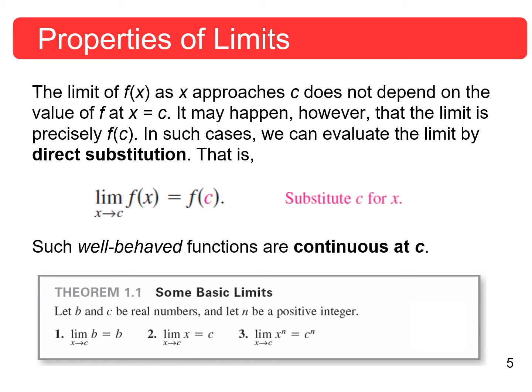And similarly, if you have x to the n, this is also continuous everywhere. So the limit of x to the n as x approaches c is just equal to c to the n. Just use direct substitution, replace x here by c.